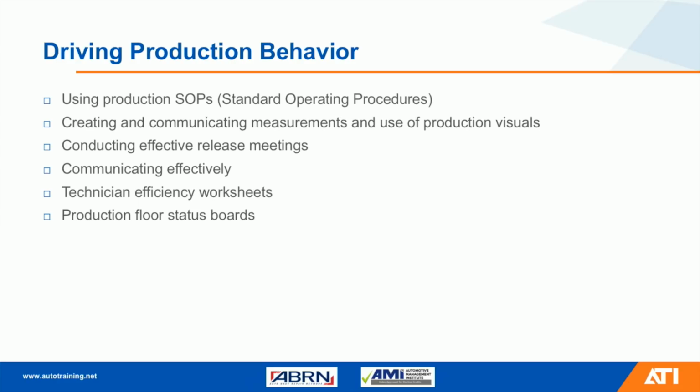So we're going to create, then we're going to communicate the measurements, and then we're going to use any kind of production visuals that we can that help the technicians, help the production folks understand here's the goal, here's what I've been assigned, here's where I am in looking at my goal.